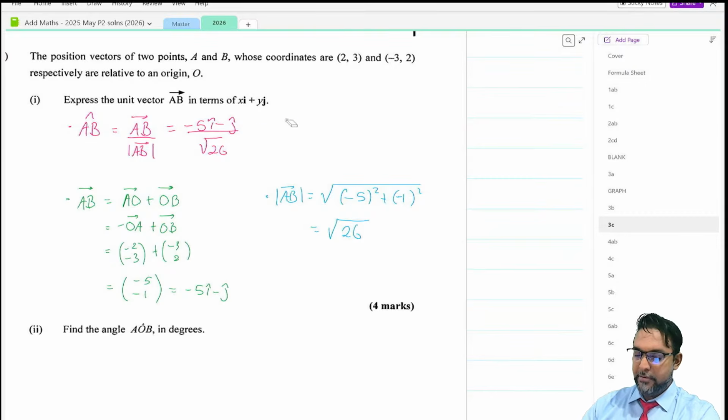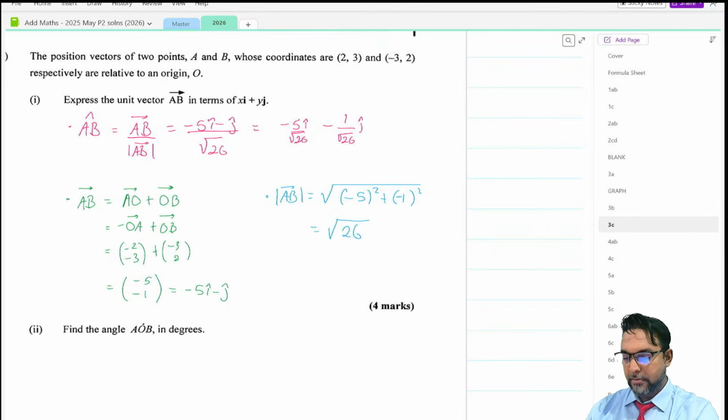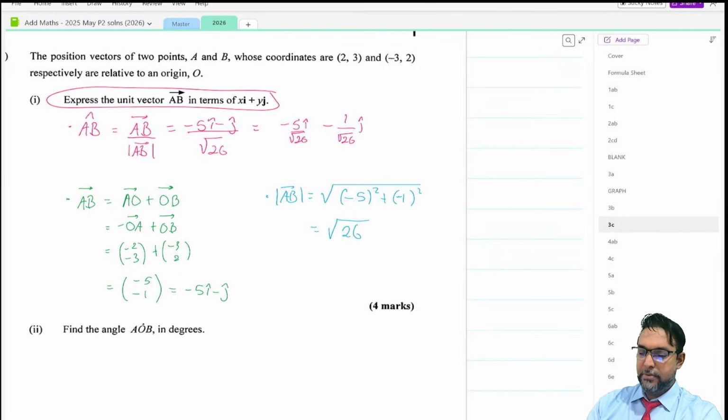So maybe you have to write it like minus 5 over root 26 i minus 1 over root 26 j. Yeah, the phrasing of this was not the best.